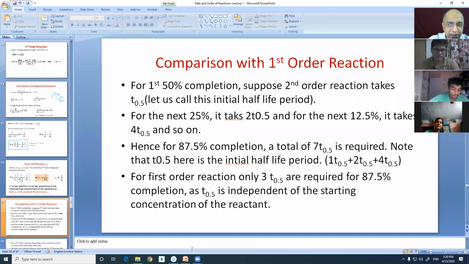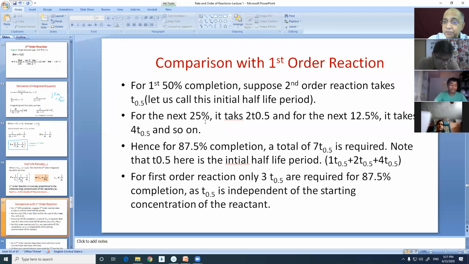So there is a huge difference between first and second order processes. Suppose a second order reaction takes place; let us call this the initial half-life period. For the first 50% completion, let's say it is called the initial half-life period.